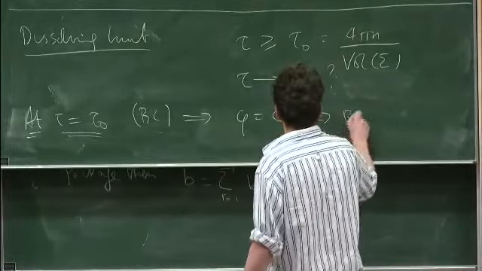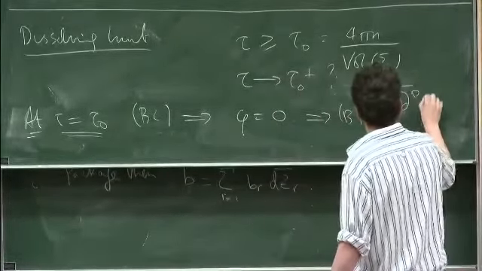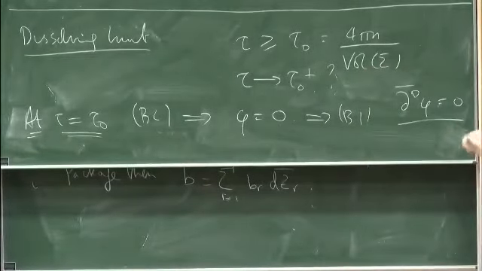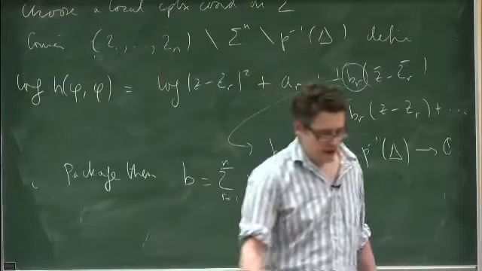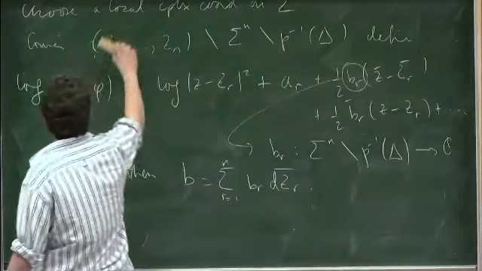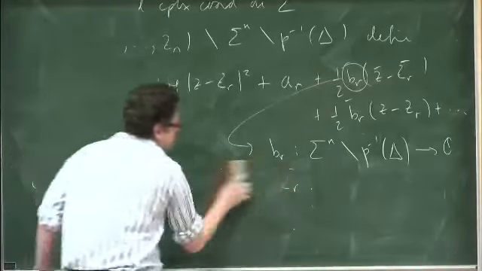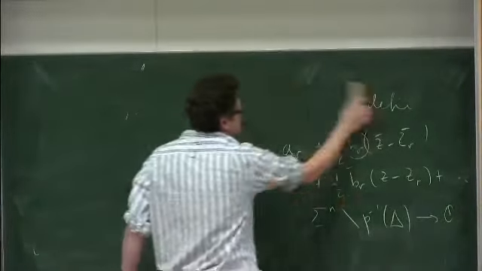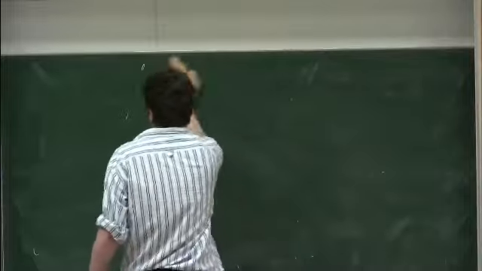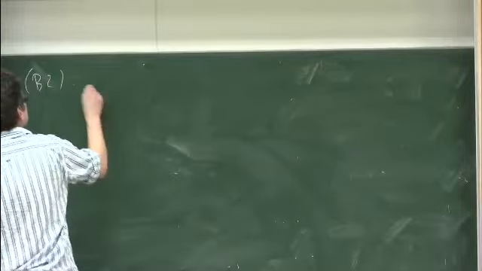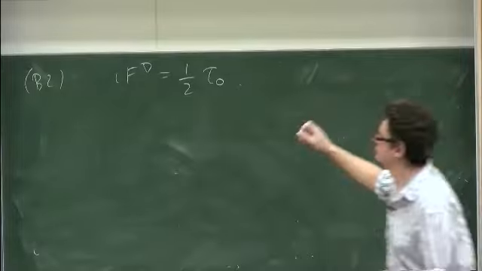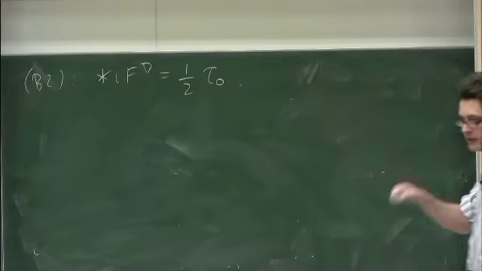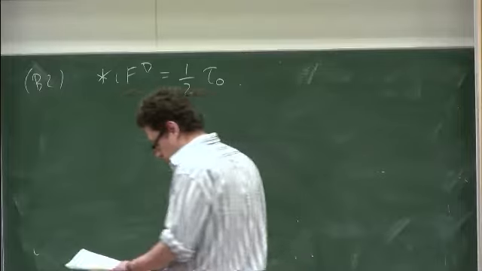Which implies, since the first Bogomolny equation holds trivially, that in this very weird limit phi is 0, the first Bogomolny equation is trivial, and the second Bogomolny equation just tells you that your connection has constant curvature.